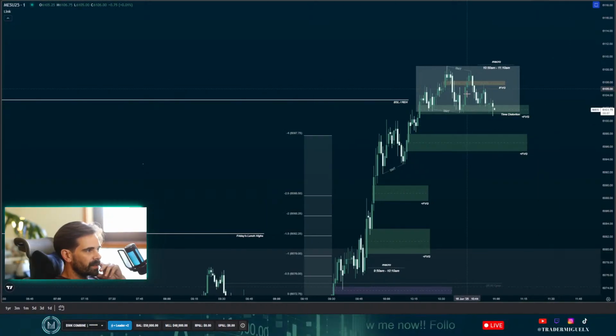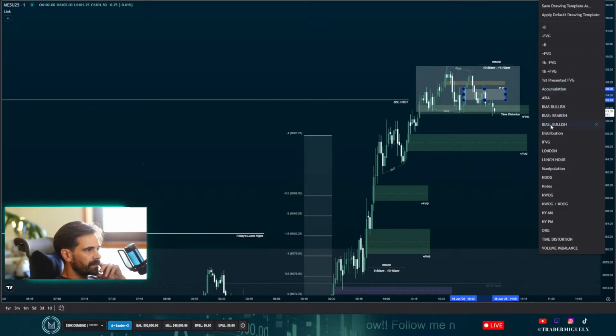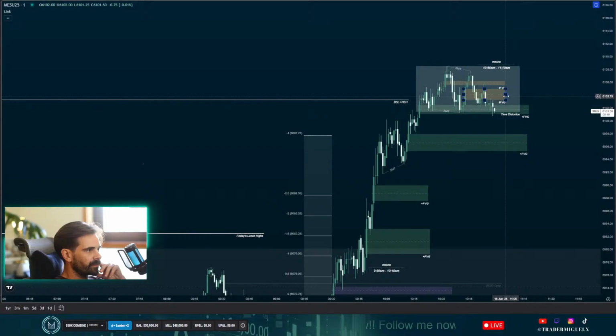So we got another PD array here that was kind of inverted and respected, as you can see here.